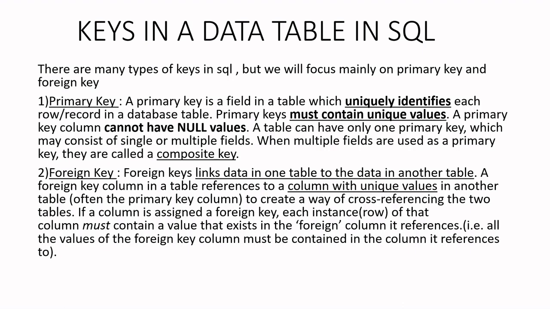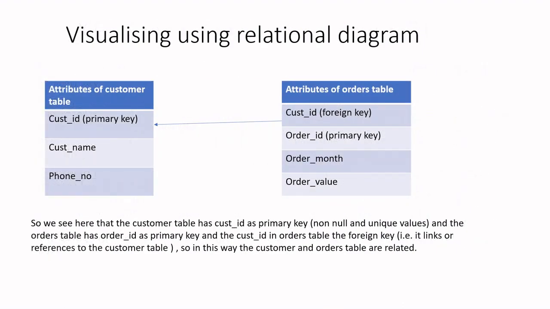And now let's look at the ERD diagram or the relation diagram, which helps us in visualizing the relationship between the databases. First we have the customer table, and second we have the order table. We see that in the customer table there are three attributes: customer ID, customer name, and phone number. In the orders table we have customer ID, order month, and order value.